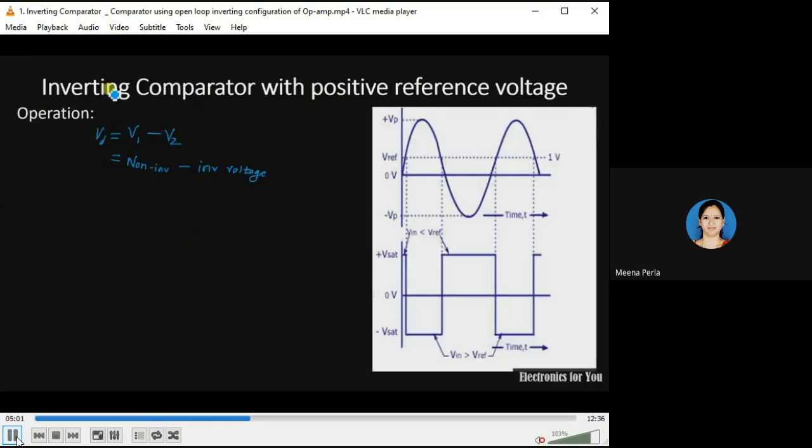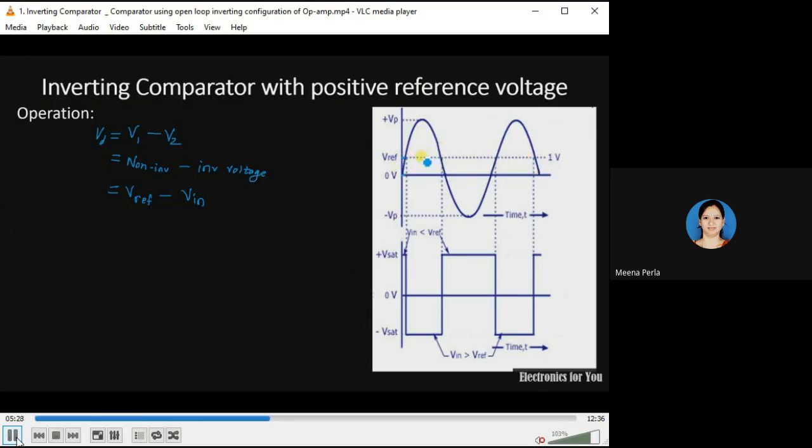So overall, we will consider a case where the input voltage, which we have seen, we can write as V reference minus V in. So this portion is our V reference, right?